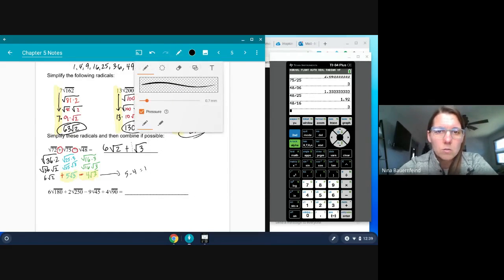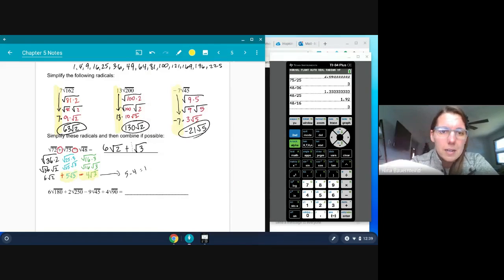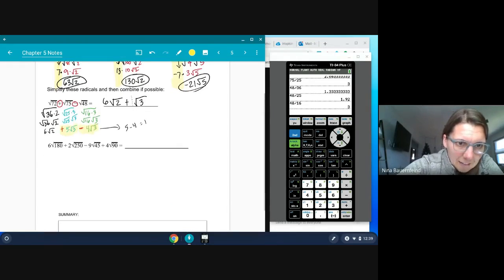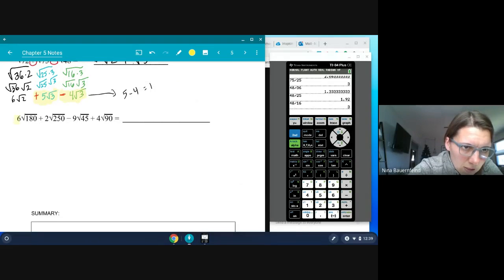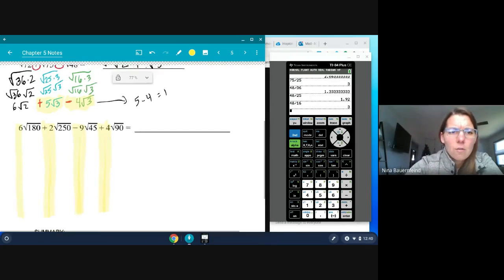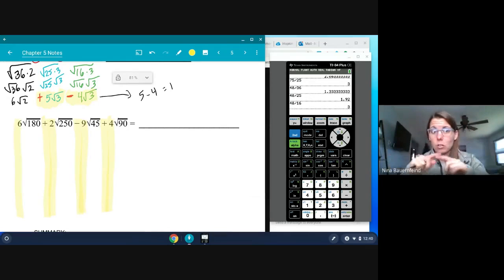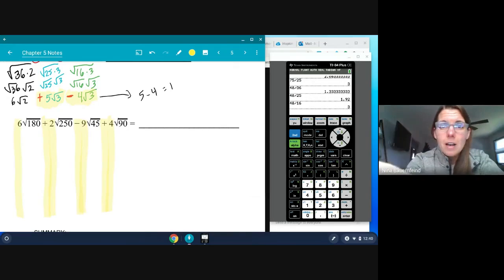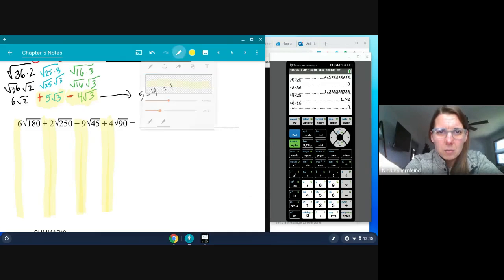So what I'm going to do is start by highlighting a track here for the 6 and the plus 2 and the minus 9. Whoops, that got a little weird. And then for the plus 4. So we're going to be kind of scrunched here for work. You guys have paper, so you can write this on paper and it's going to be fine.